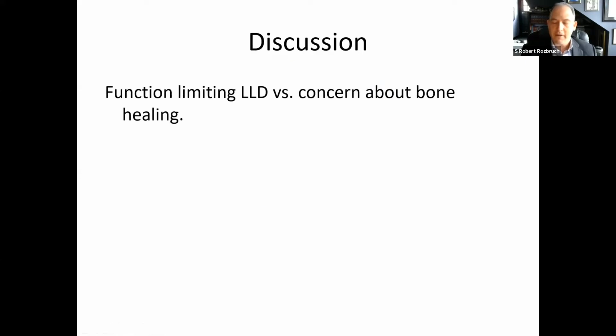So the conclusions of that paper were as follows. We know that these patients have functional limiting leg length discrepancy, but this has to be weighed against the concern about bone healing in this group of patients that might have bone healing issues.